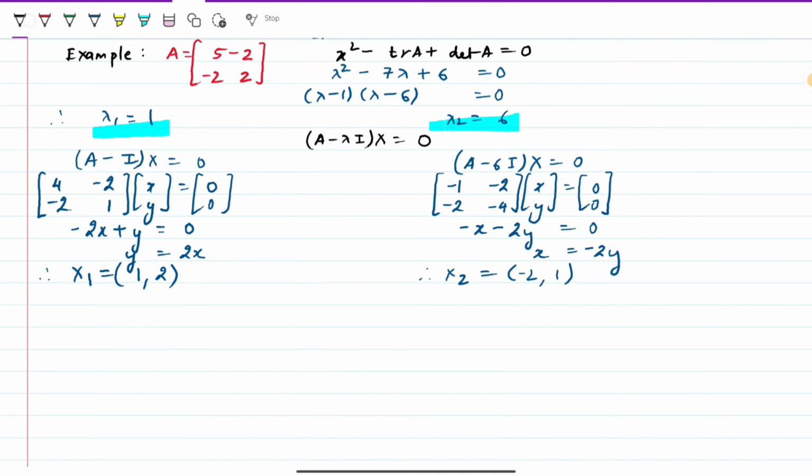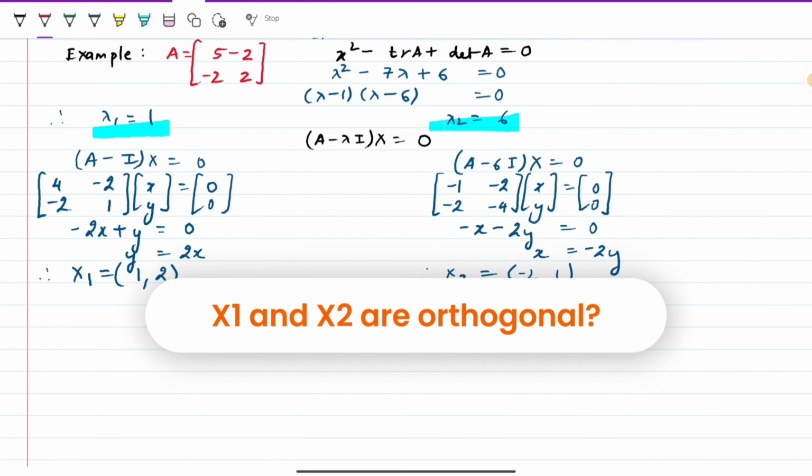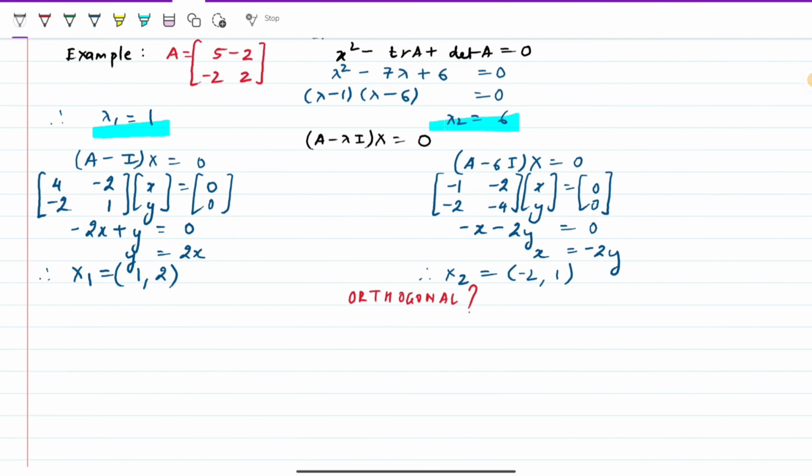Now we wish to check whether these vectors are orthogonal. And for that we will be considering the inner product of the two vectors, so the inner product of x1 with x2. In this case, we'll be considering the inner product to be the standard Euclidean inner product, also known as the dot product. So this is going to be (1, 2) dot (-2, 1).